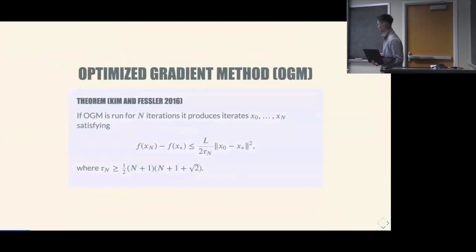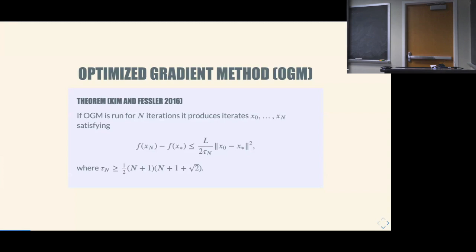Okay, so let me be explicit about this algorithm that was described by Kim and Fessler. What they showed was that there's some explicit algorithm. I won't tell you exactly what it is because it's a little complicated. But this algorithm is called OGM. And if it's run for a certain number of iterations, it gives you an output whose quality is given by some number tau n.